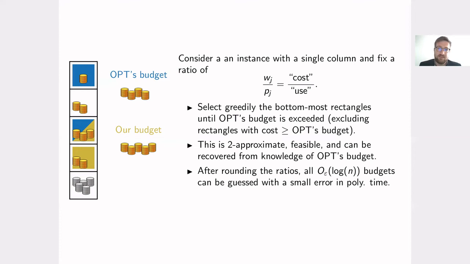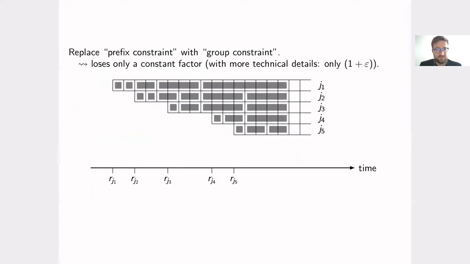And then having guessed these budgets, we can construct for each ratio this greedy solution, and we know that one of these polynomially many guesses will be a feasible solution, and it will be at most twice as expensive as opt. Now, this seems like an overly complicated algorithm for this special case, but it is important when we go to the general case.